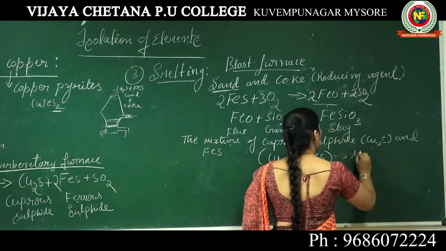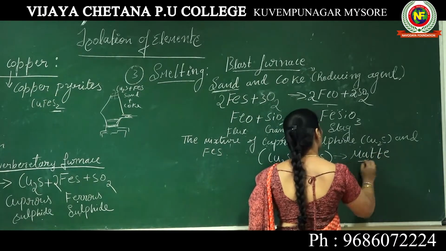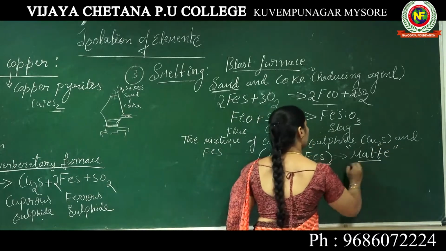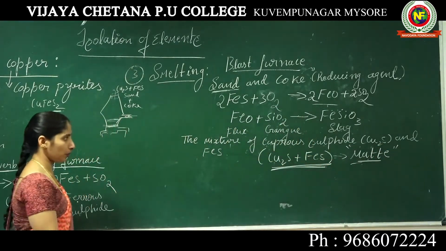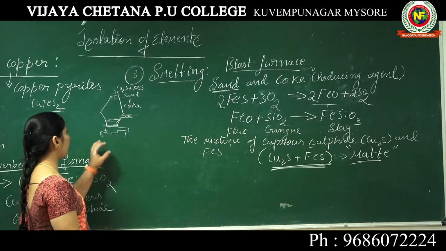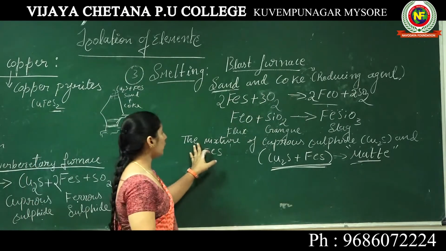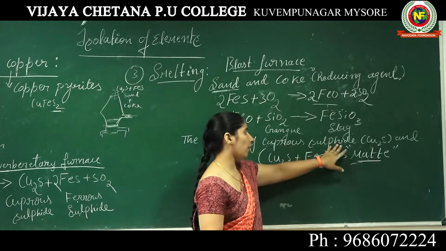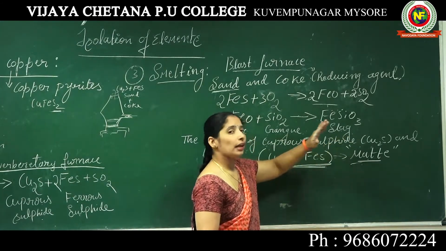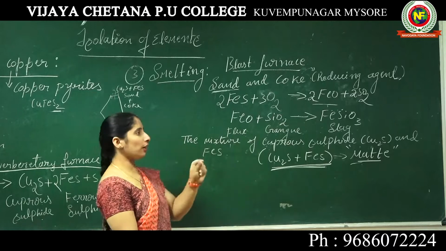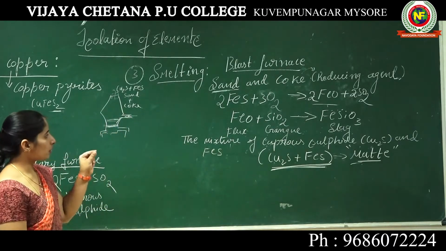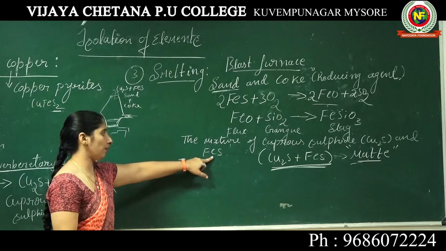We call it a matte, also copper matte. It's very important. We call it a matte, a mixture. That mixture will get deposited below in the blast furnace. So it is the mixture of cuprous sulfide, Cu2S, and traces of unconverted ferrous sulfide.